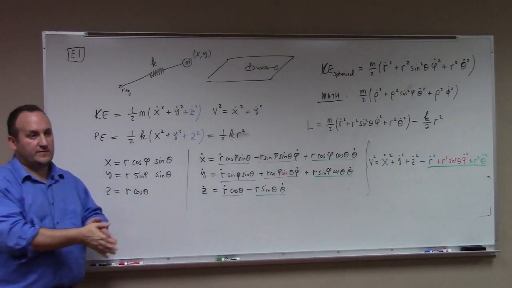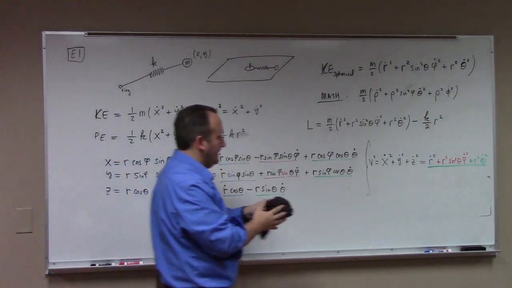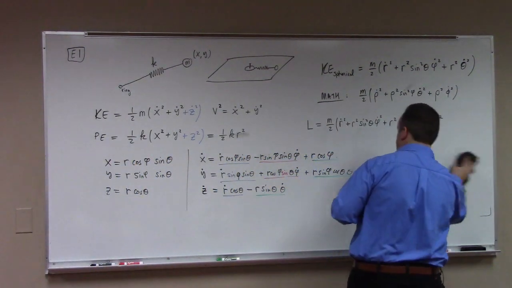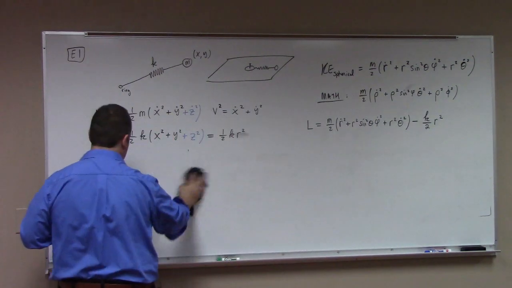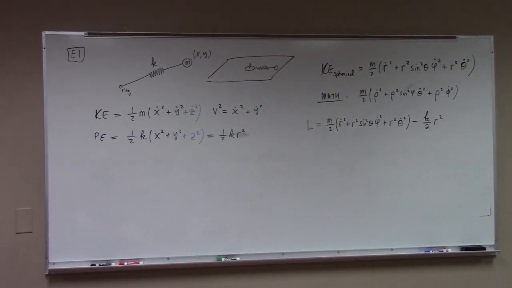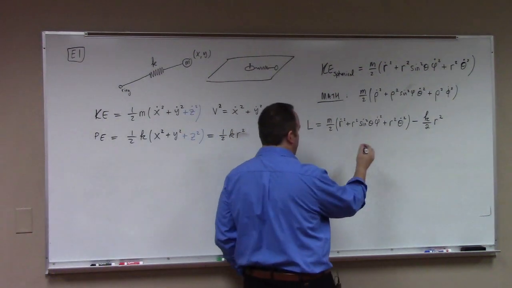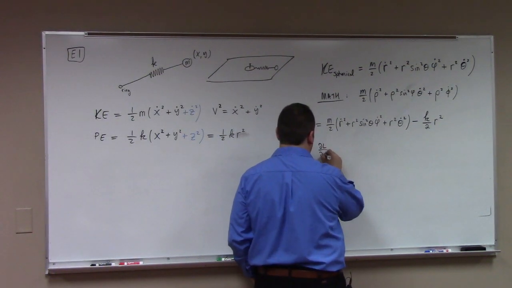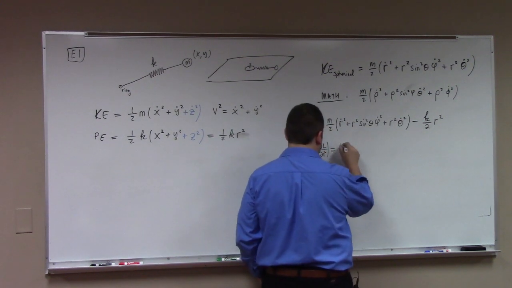And now we can calculate the Euler-Lagrange equations. There's three sets of them, one for r, one for theta, one for phi. And what are we going to get? So d dt of partial L, partial r dot is equal to partial L, partial r.